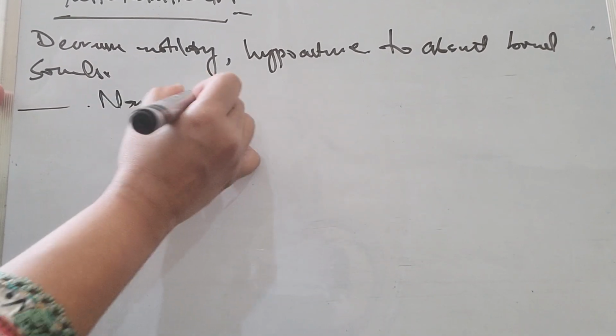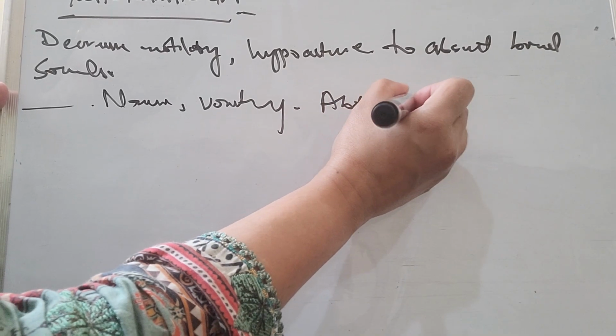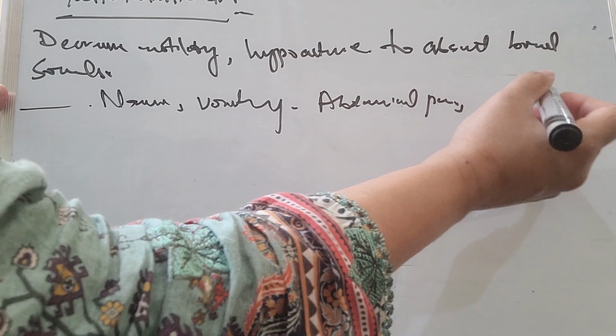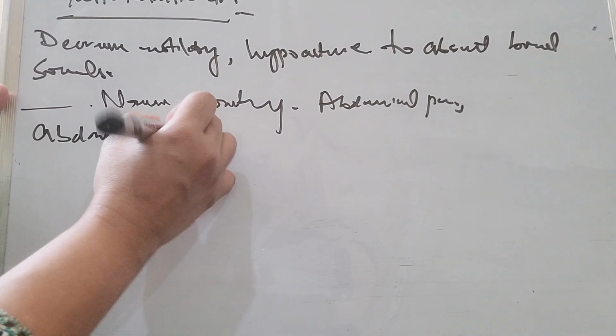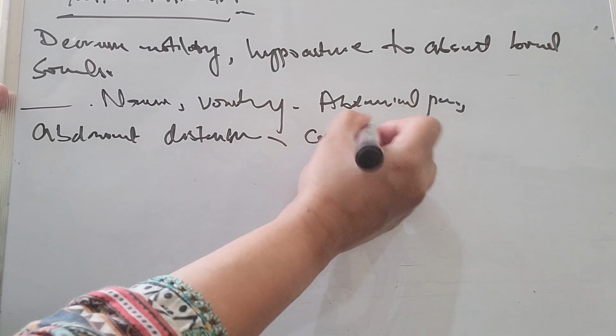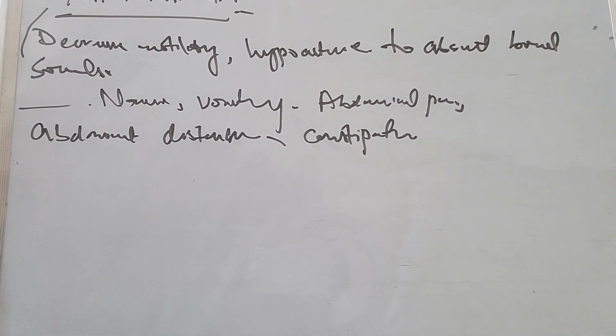Nausea, vomiting, abdominal pain, abdominal distension, constipation. That is all related to the gastrointestinal system due to hypokalemia.